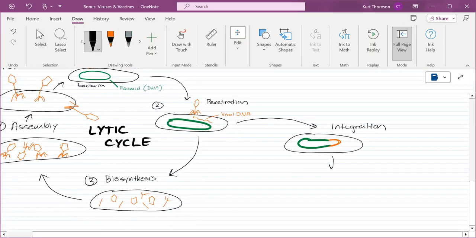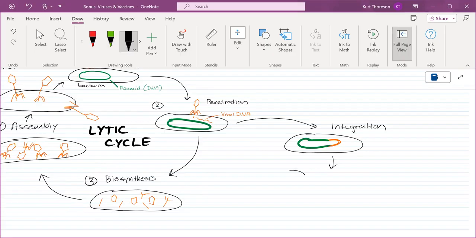And guys, every time the host replicates, the virus replicates in it. So let's say that you have the cell split into 2.